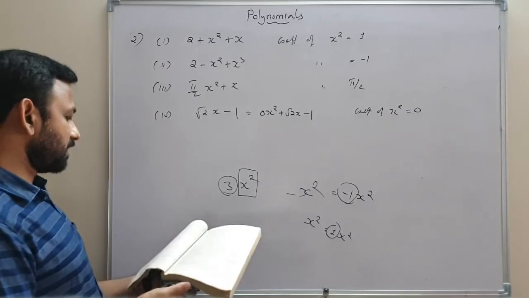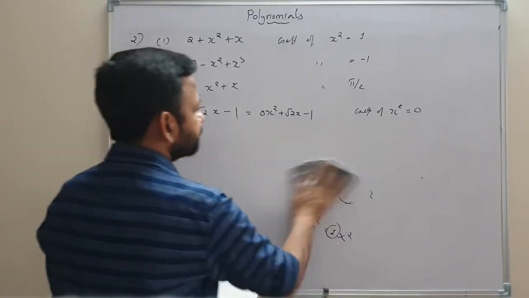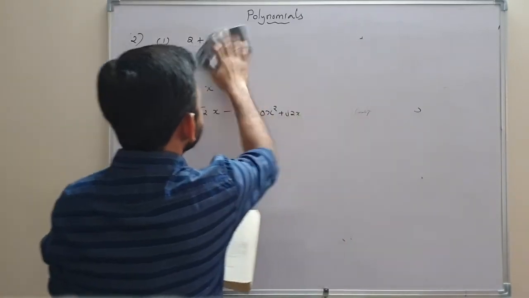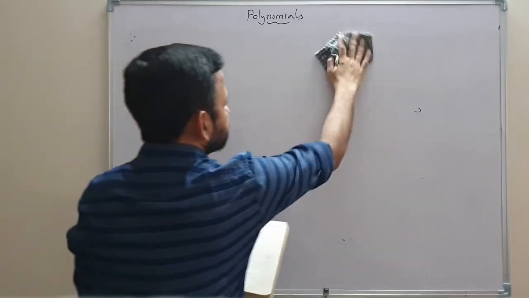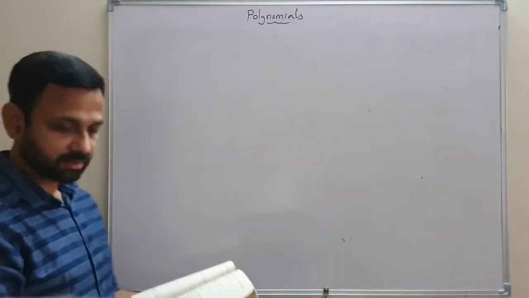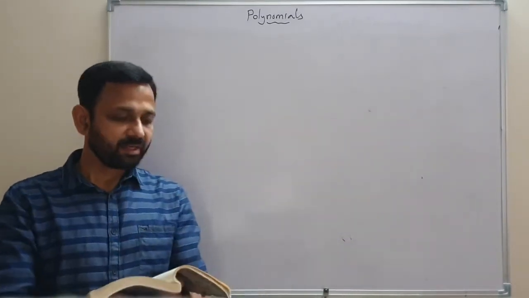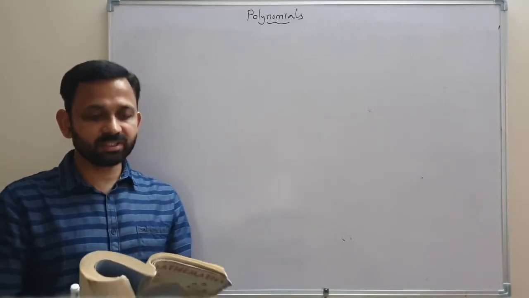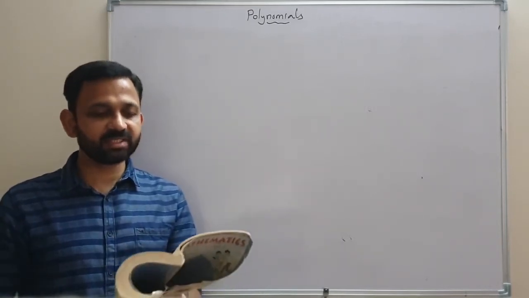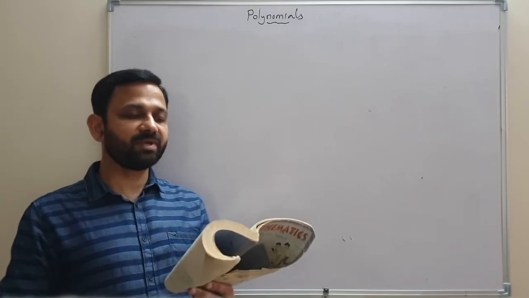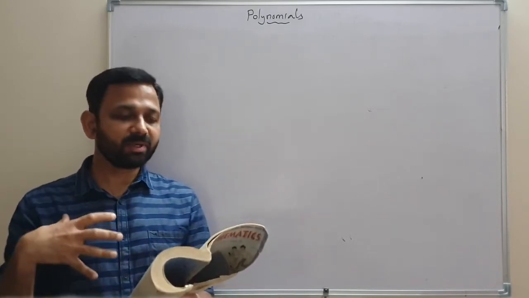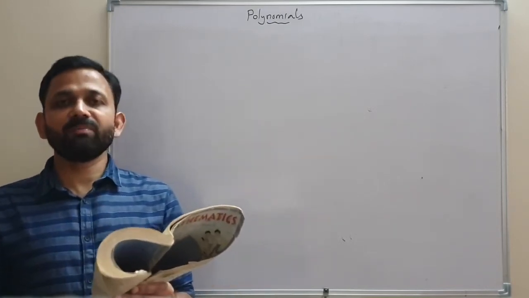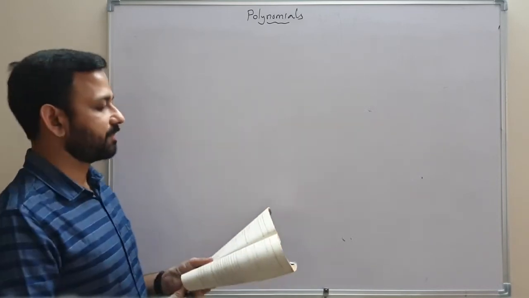Now we will do question number 3. Give one example each of a binomial of degree 35 and a monomial of degree 100.